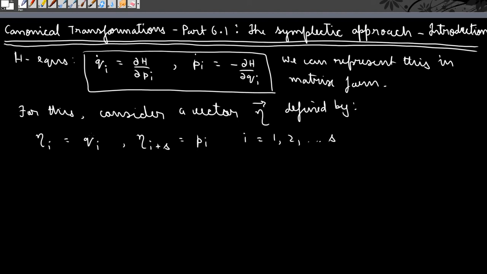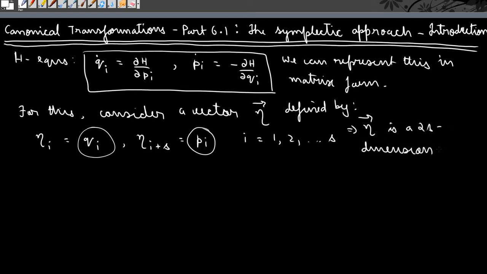This means that our eta is a 2s dimensional vector where the first s elements are our Qi's and the next s elements are our Pi's, and here s is of course the number of degrees of freedom.